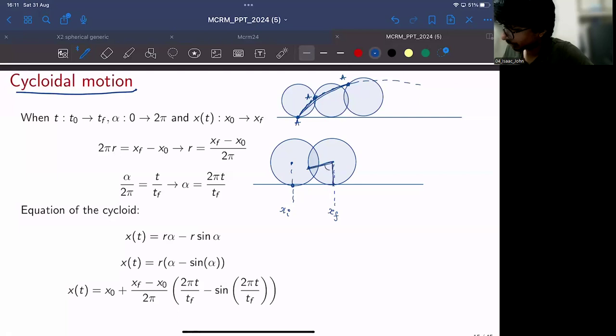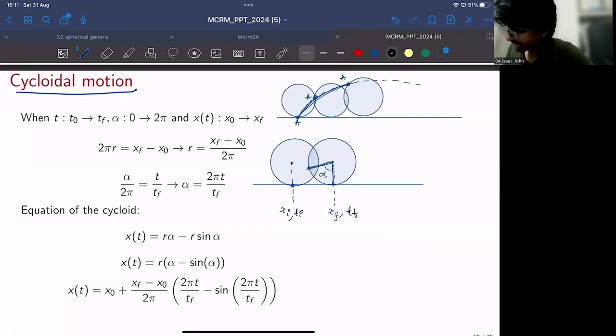During that time, it has rolled over an angle, which you can call alpha. So the distance that it has moved from this initial time, I'll call this Ti, and this Tf.